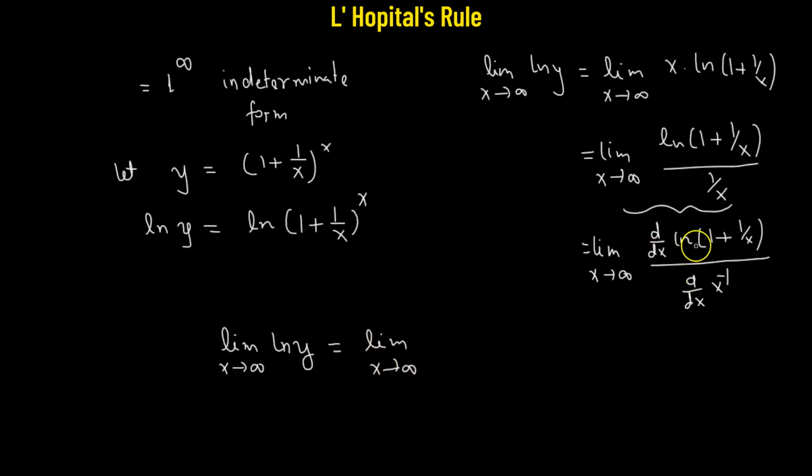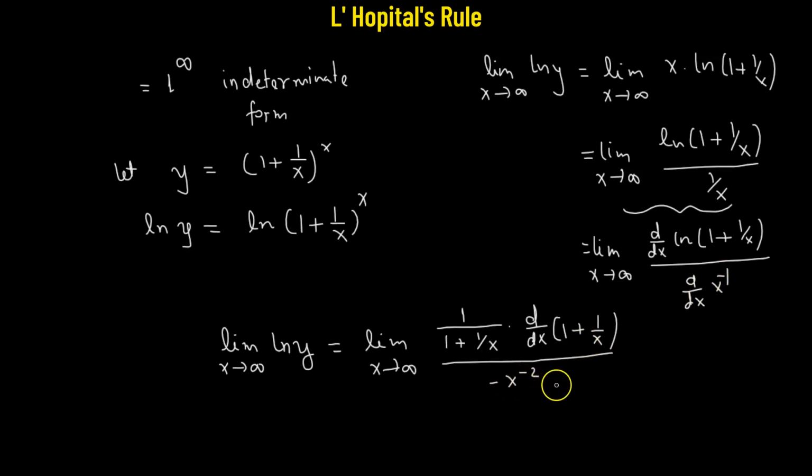So what is the derivative of the logarithmic function? This is simply 1 divided by (1 + 1/x), multiplied by the derivative with respect to x of (1 + 1/x). Here we have used the chain rule. This is divided by the derivative of x raised to the power of negative 1, which is negative x raised to the power of negative 2.